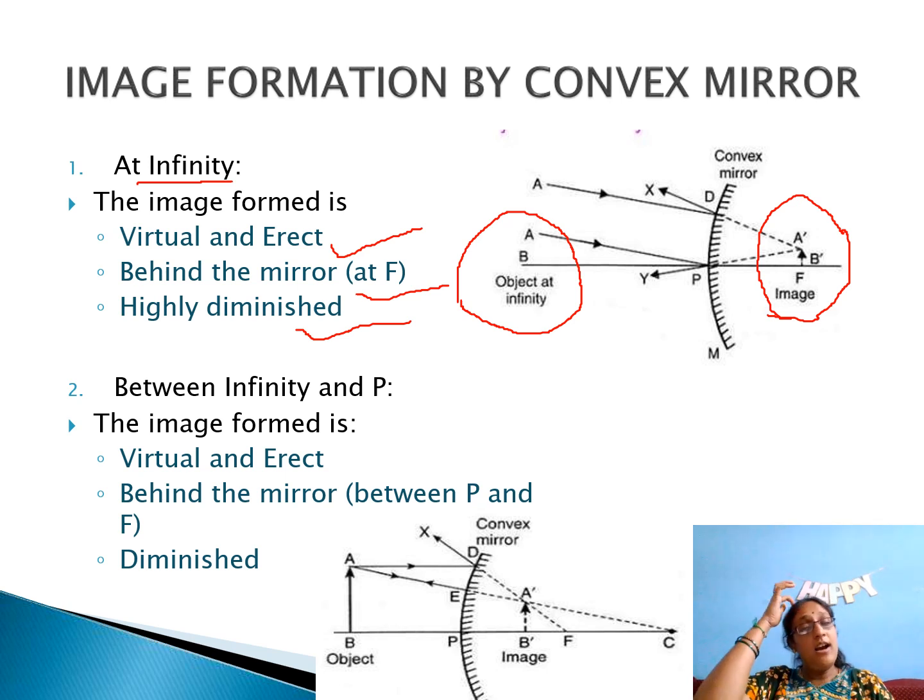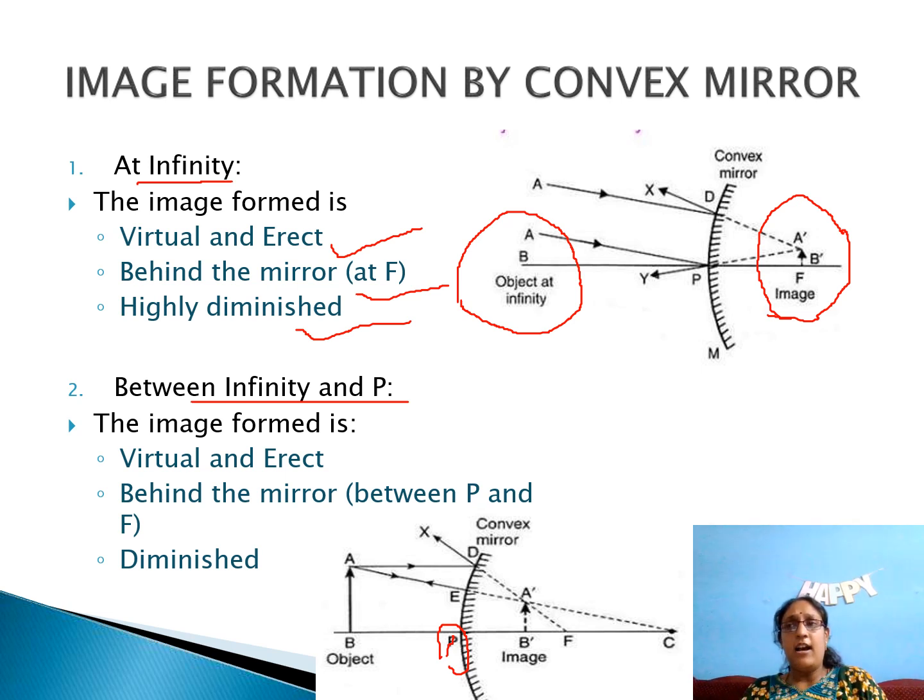Now when it is placed between infinity and P, can you see from here? This is your P, and this is where the object was placed at infinity.